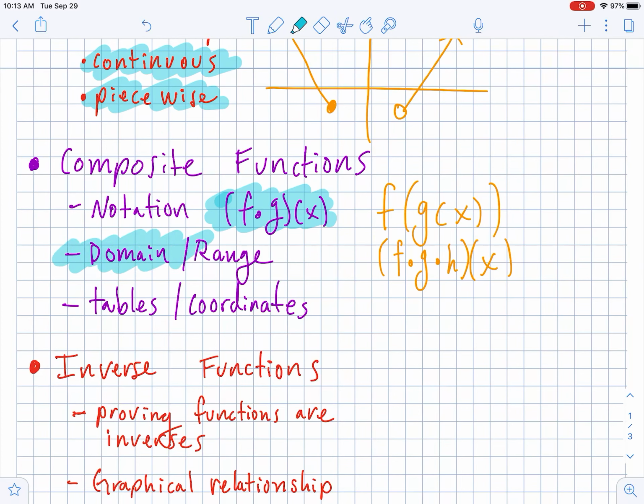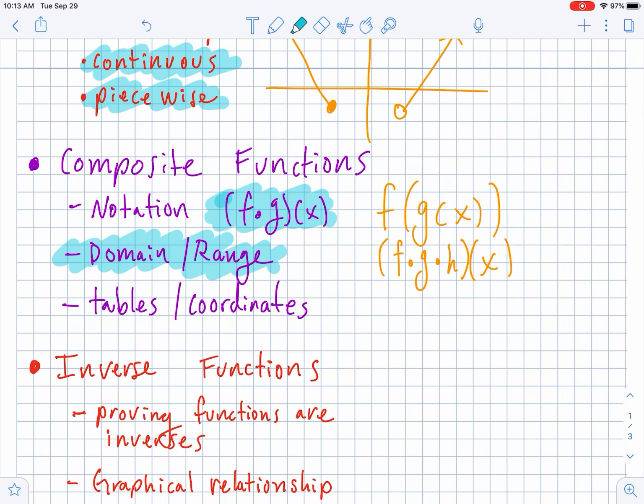A very weird topic is domain and range of a composite function. I feel like this was touched on lightly, but it's definitely a complicated concept. You really have to understand what domains go into the inside function, and sometimes the inside function will be restricted and you can't get certain numbers out of it.